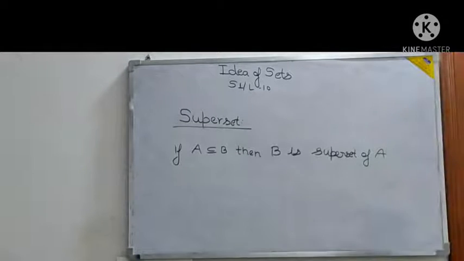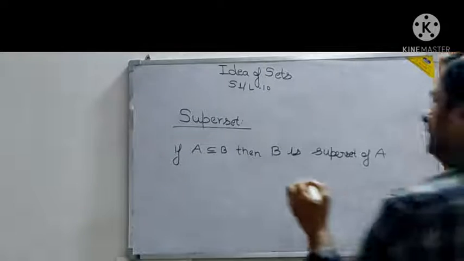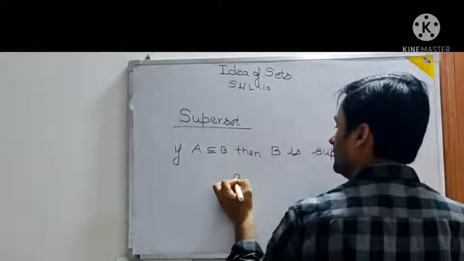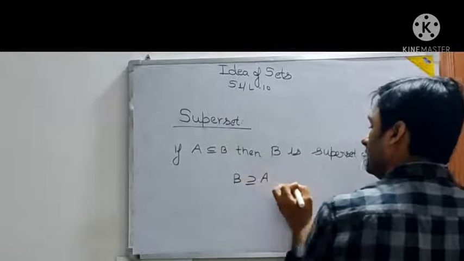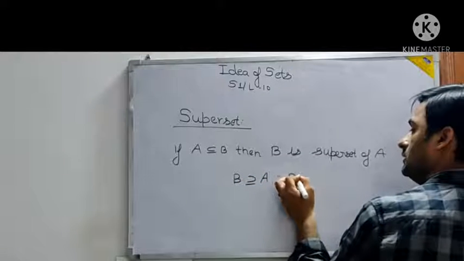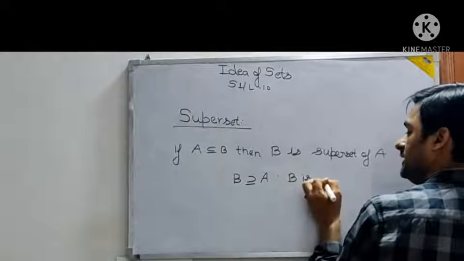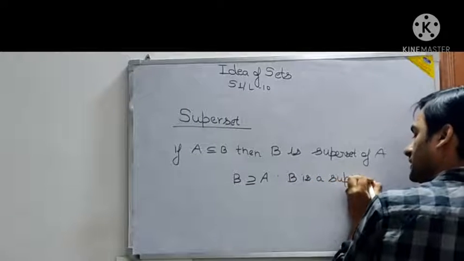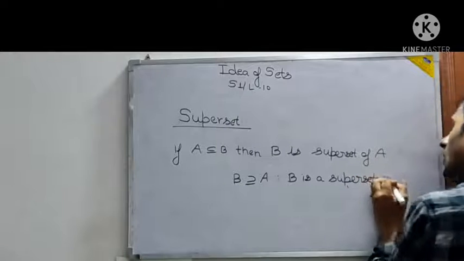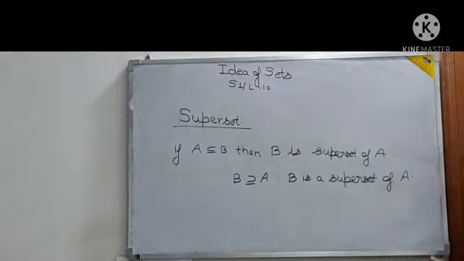We express it with the symbol whose mouth is open towards B. This representation means B is a superset, or B is the superset of A. So B is the superset of A. We are representing it like this.